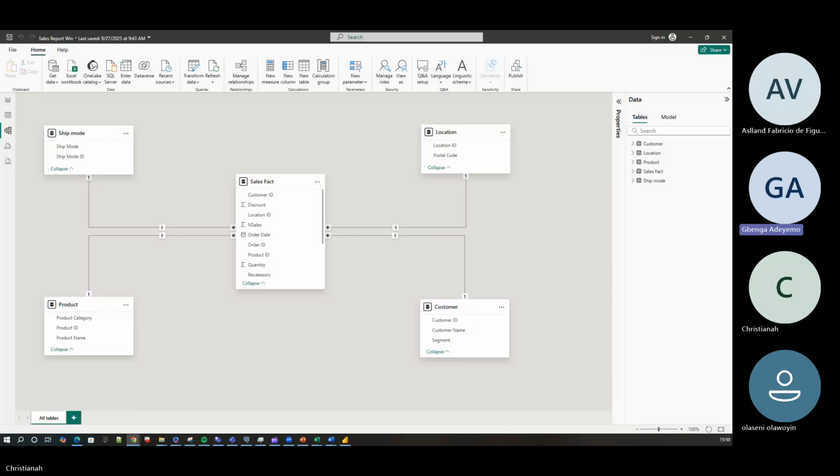In the example of inventory and sales, customer and ship mode might not be conformed dimensions, but dates and products are good examples of conformed dimensions, because they can link to both inventory and sales. So any dimension that can be linked to all our fact tables in our data model is called a conformed dimension. Do you understand what I'm saying now, guys?